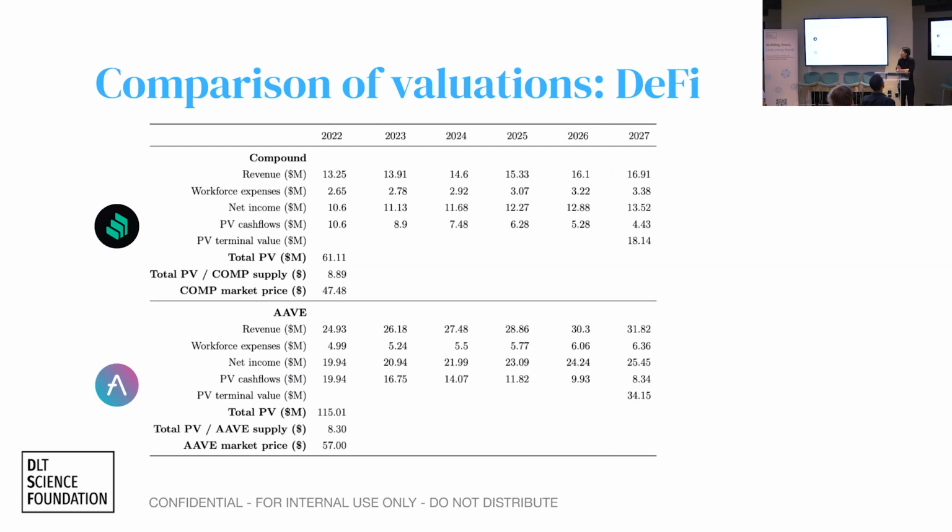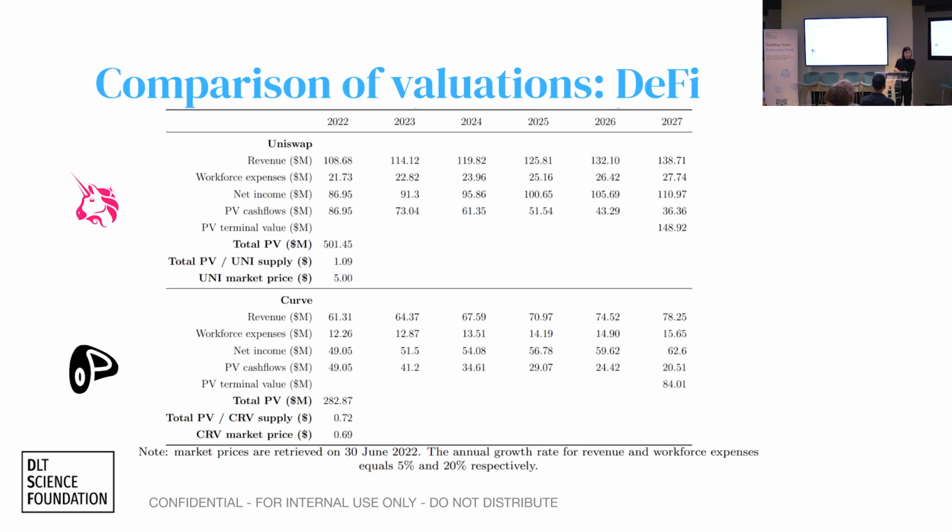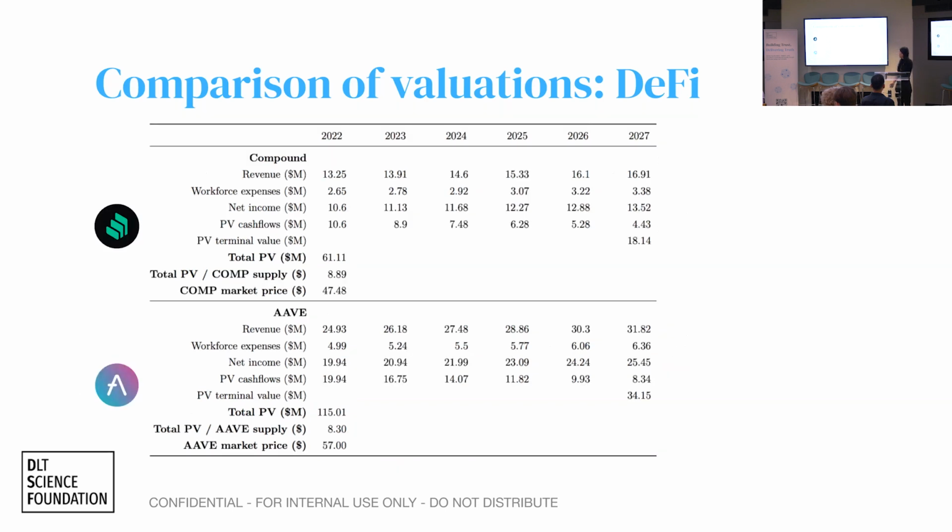No, we didn't do that, but that's interesting. The growth rate is actually an input, and we actually used the same growth rate across different categories, which might have affected the result a little bit.